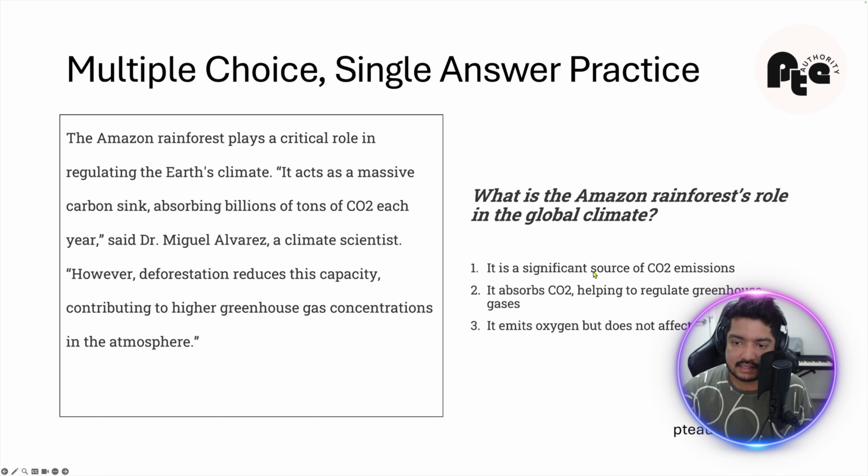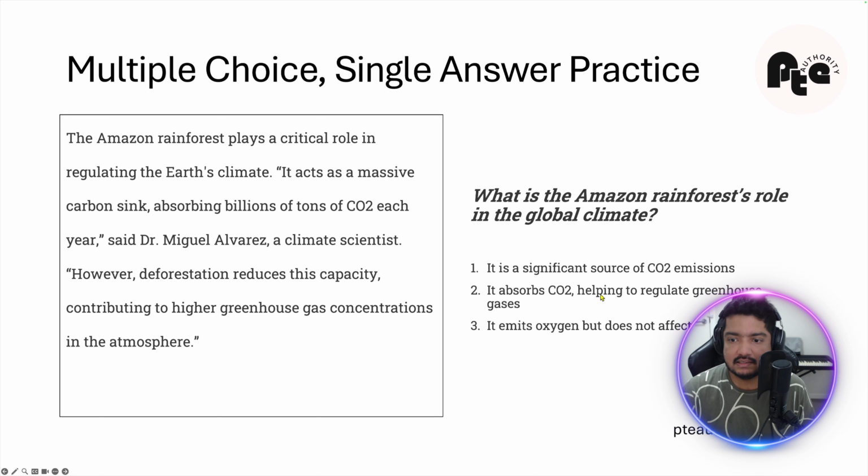It is a significant source of CO2 emissions. I don't think that's correct because the Amazon rainforest is not a significant source of CO2 emissions. Let's go to the second option. It absorbs CO2, helping to regulate greenhouse gases. That looks right because the text says it acts as a carbon sink, absorbing billions of tons of CO2 each year.